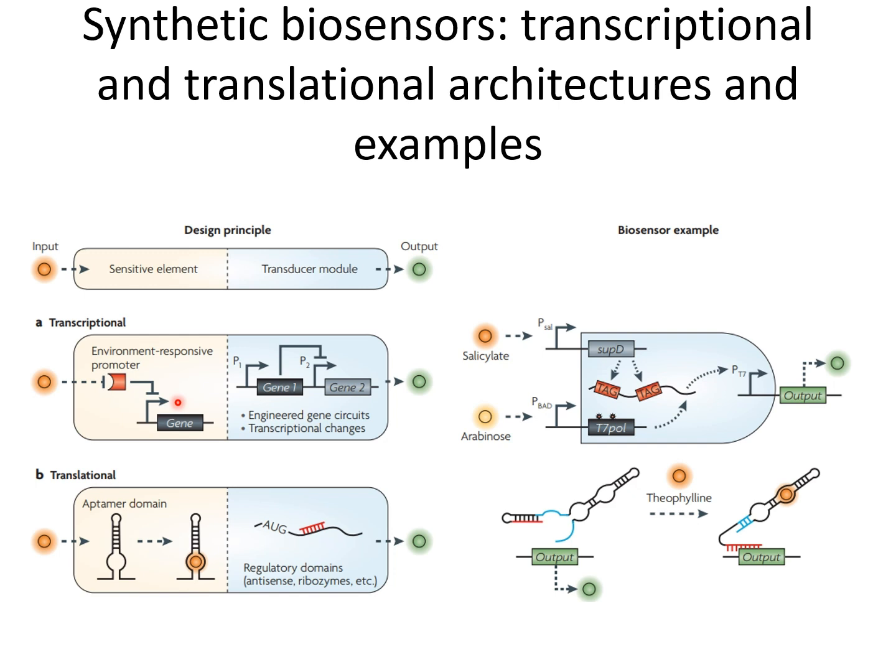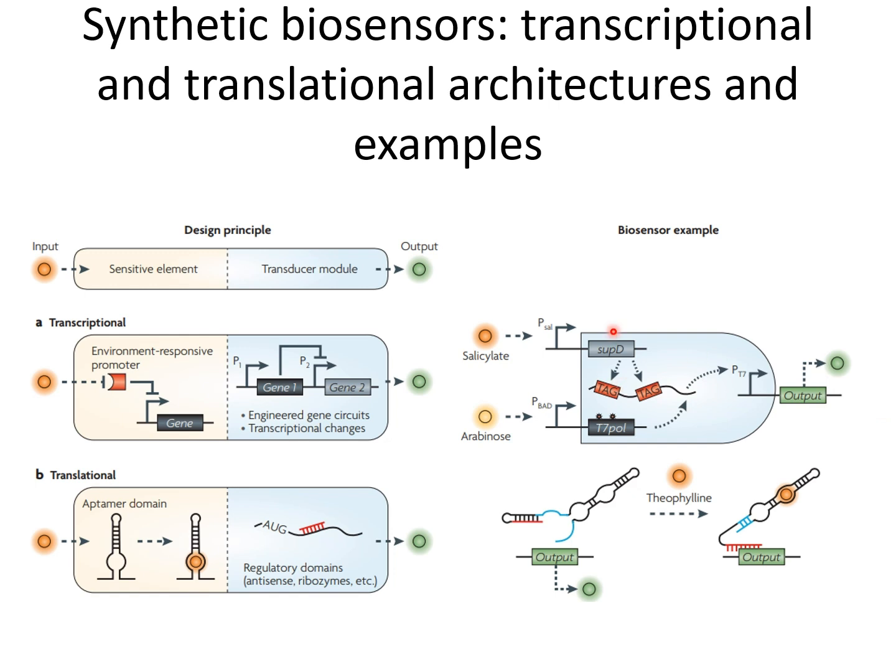So this is the function of the AND gate. We have two ones, or two ONs, and it produces an output. These environmental cues or signals could be, for example, salicylate and arabinose. Upon the presence of both salicylate and arabinose, the output is produced.